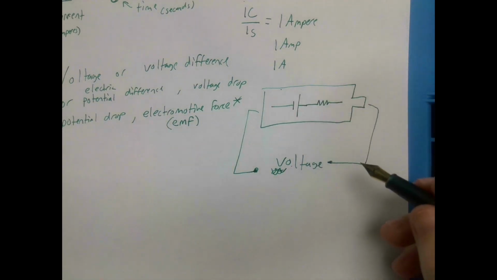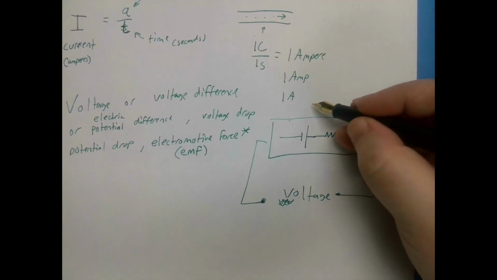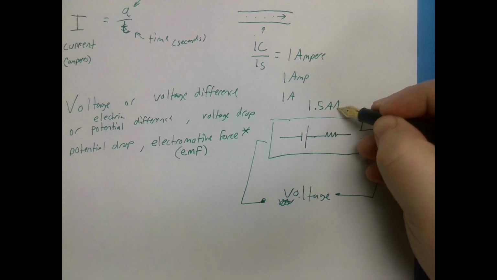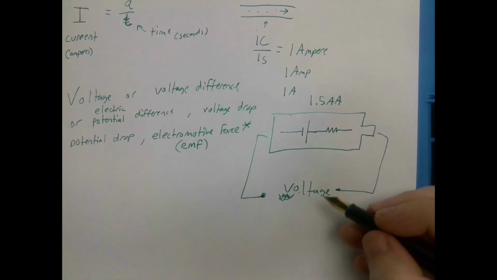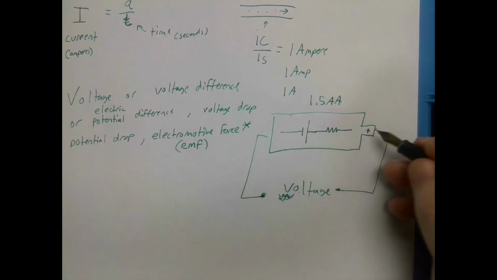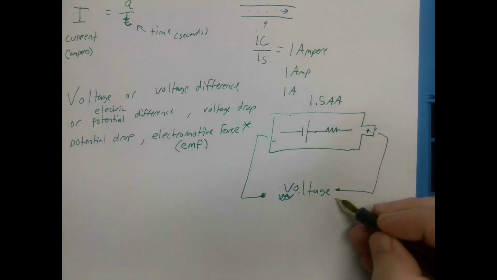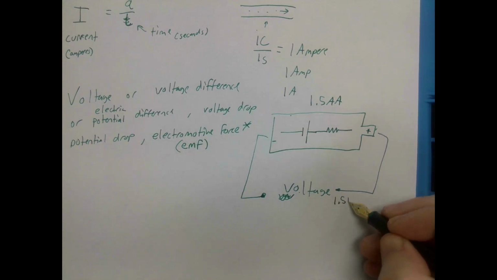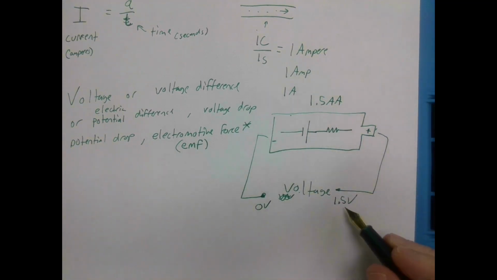So if this is a AA battery, which is 1.5 volts, then the positive terminal would be 1.5 volts and the negative terminal would be 0 volts. The voltage difference between here and here is 1.5 volts.